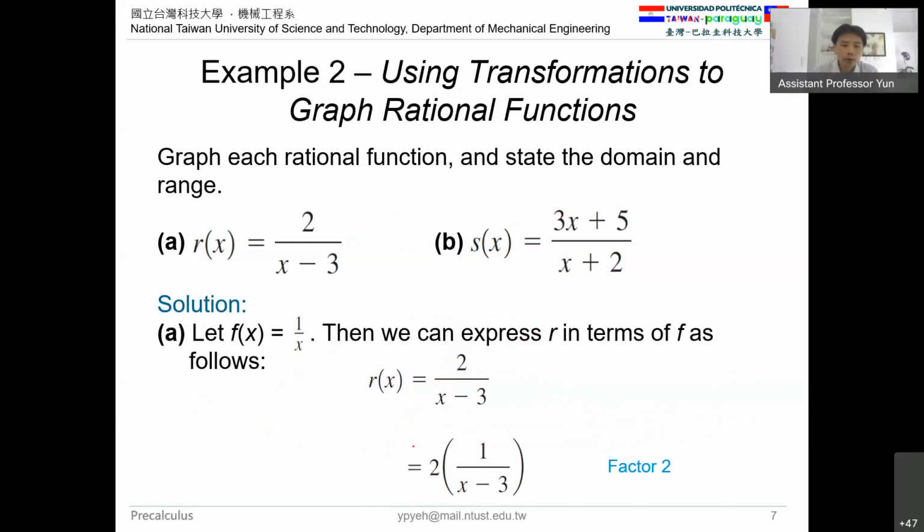Okay, so we also gave an example last week regarding the rational function r of x equal to 2 divided by x subtracted by 3. Since we learned f of x equal to 1 divided by x, right? We could express this rational function in terms of it, which equals the factor of 2 times 1 divided by x subtracted by 3.